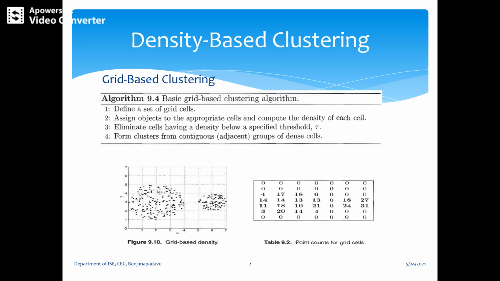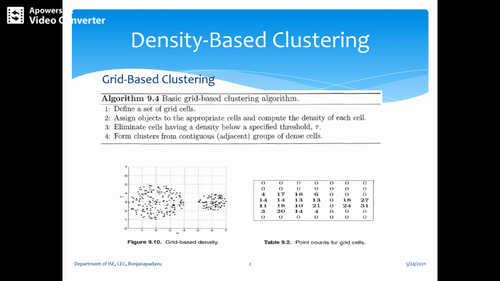Let us see the grid-based clustering algorithm steps. First, we define a set of grid cells. Second, assign objects to the appropriate cells and compute the density of each cell.